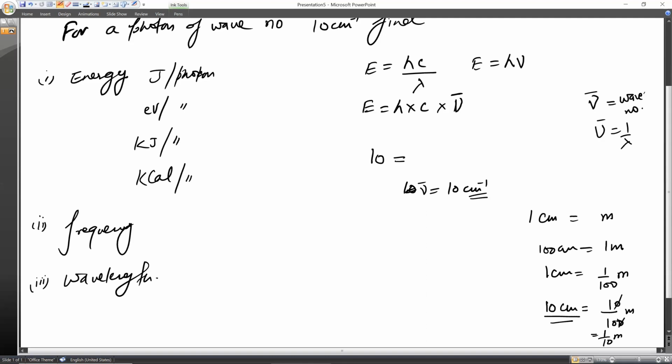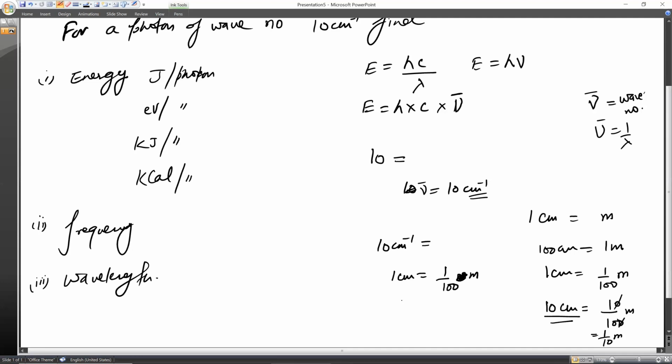But since it is in centimeter inverse, you need to note down that when we have an inverse unit, where we were multiplying we have to divide.